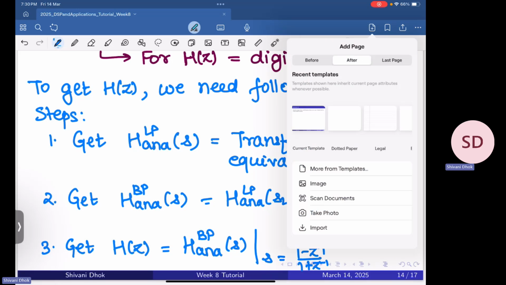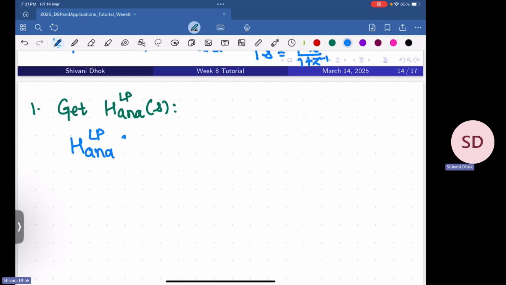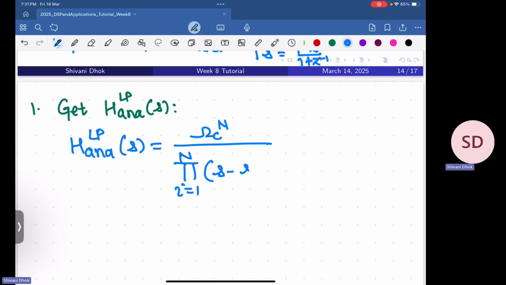So let's start with the first step: get H analog LP of S. This H analog LP of S for a Butterworth filter is given by omega c to the power n divided by the product of i equal to 1 to n of S minus Sk, where this Sk is given by omega c into e power j (2k plus 1 plus n) by 2n pi.